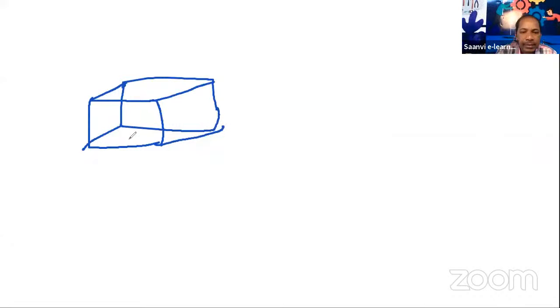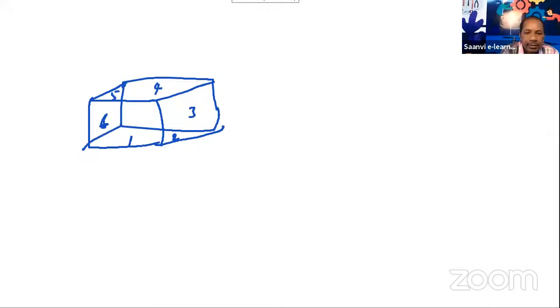We have 6 faces. What are they? 1, 2, 3, 4, 5, and 6. So like this, a cube and cuboid have 6 faces. Okay. So write the answer.